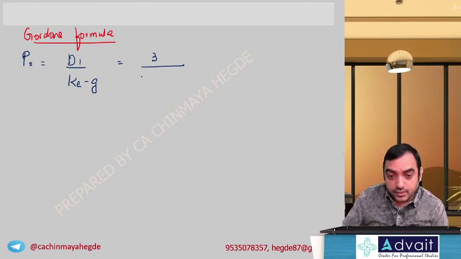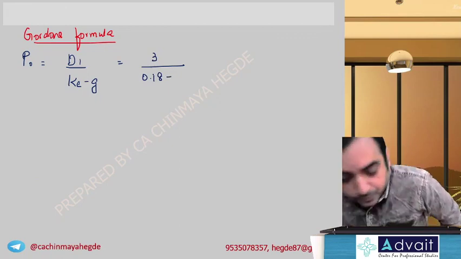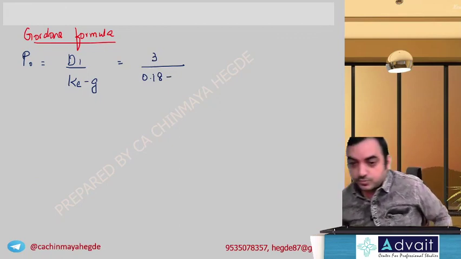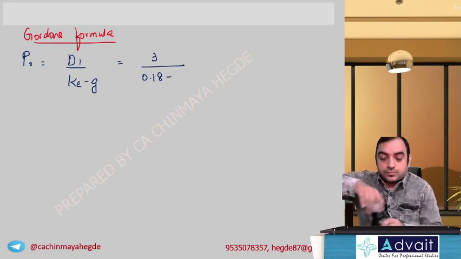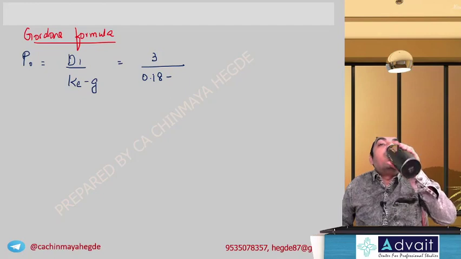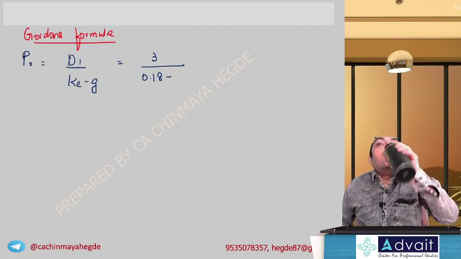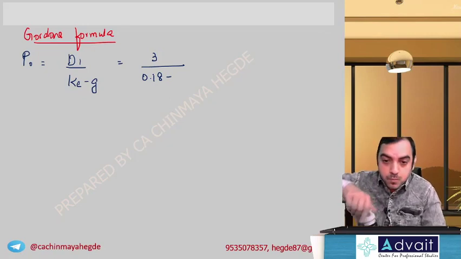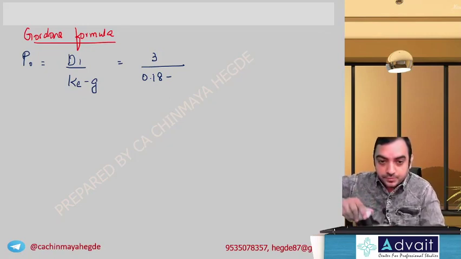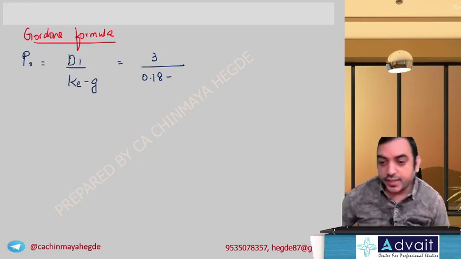Okay, what is KE here? Cost of capital 18%, 0.18. Minus, what is the growth rate in this problem? Growth rate needs to be calculated.